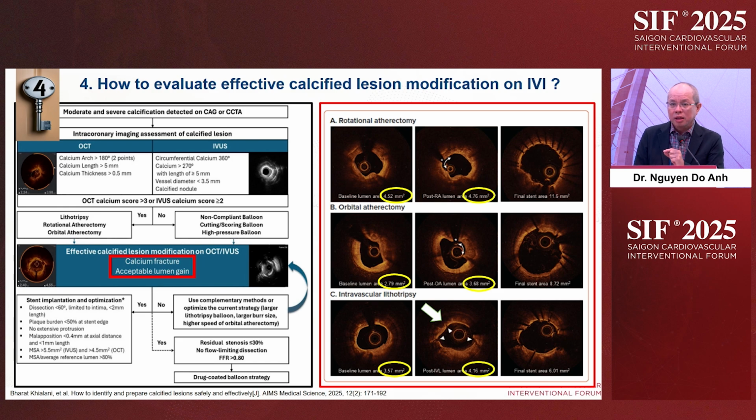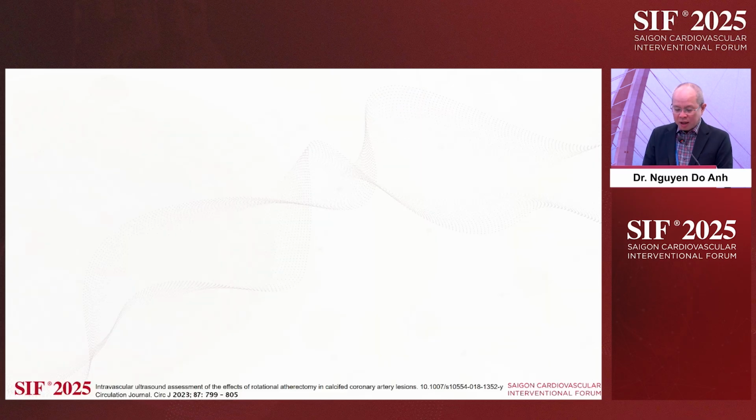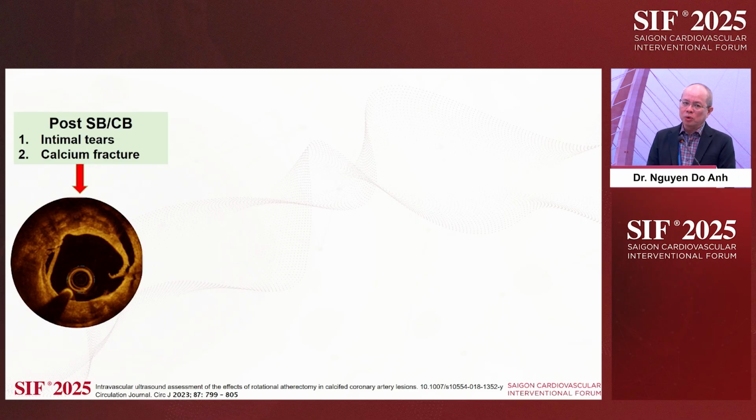We also have detailed criteria depending on the use of IVUS or OCT, and it also depends on the device you use. For example, if we use an NC balloon or cutting balloon, the intimal or calcium fracture is a good indicator.